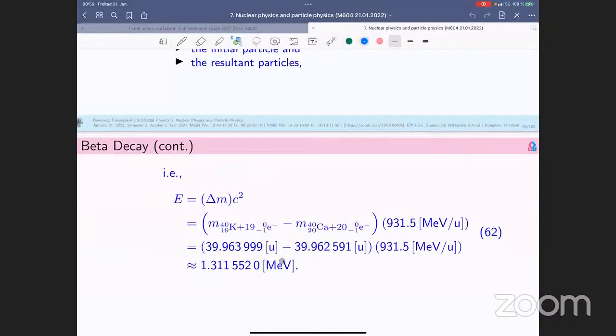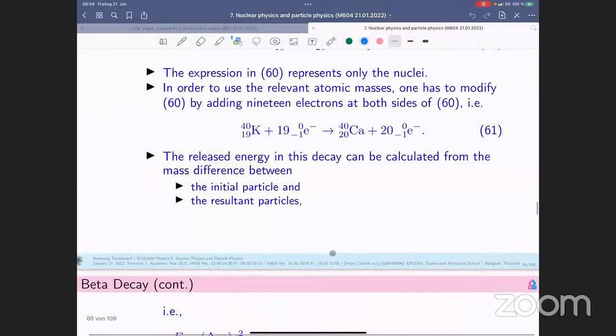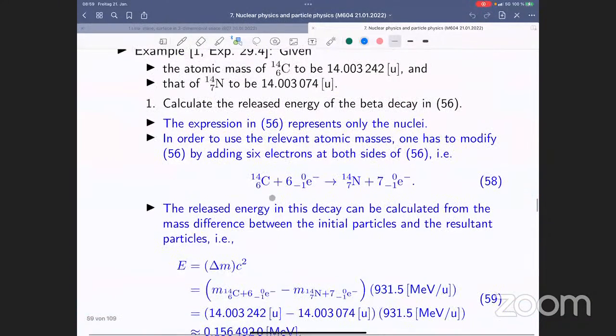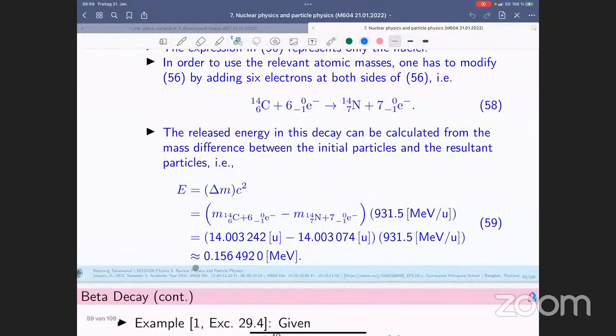So there are some more processes that can bring us more energy. We will see it later in the next topics. Okay, let's compare for a small nucleus like carbon-14 or nitrogen-14. We got the energy of 0.1516 mega electron volt.